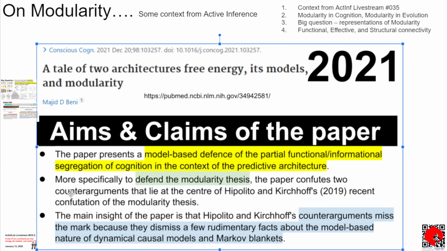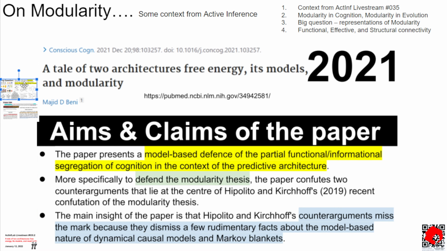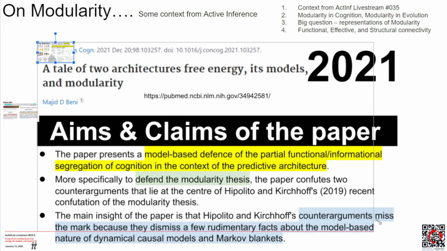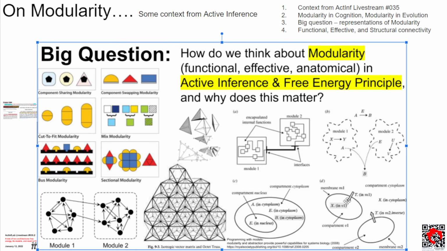So it's by Majid Beni, and the paper is talking about modularity in the context of cognitive systems, and there's a longer discussion that one can look at the live stream to hear more about, presenting some arguments for and against the so-called modularity thesis, but to kind of pull back from the paper itself, which is not really the focus here.